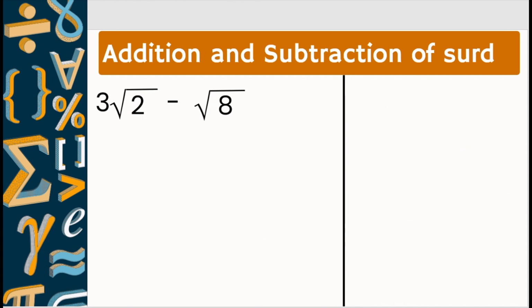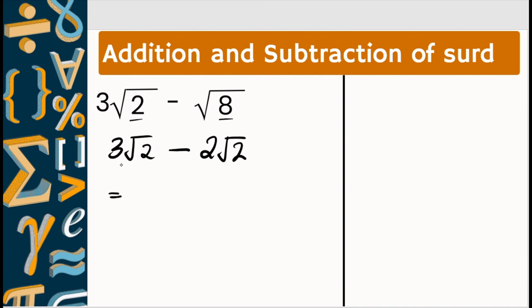So the next question, 3 root 2 minus root 8. The first step is to reduce these Surds to their simplest form. Therefore, this one is already okay. Root 8 will be 3 root 2 minus, reducing root 8 to its simplest form will be 2 root 2.